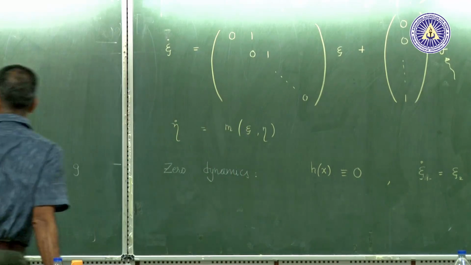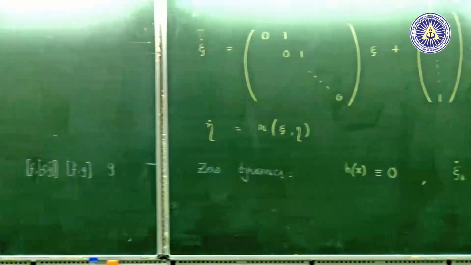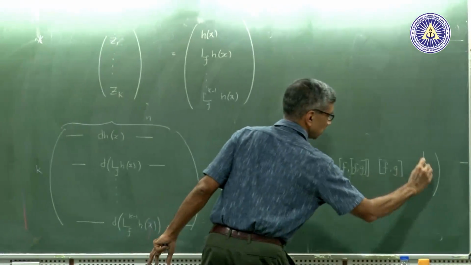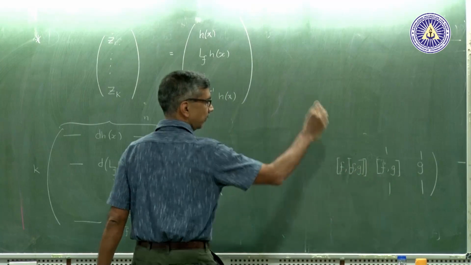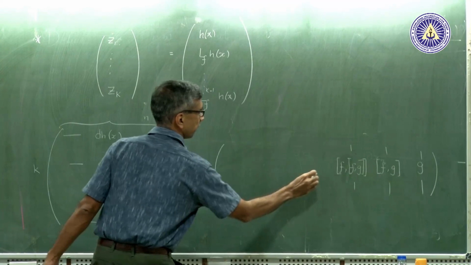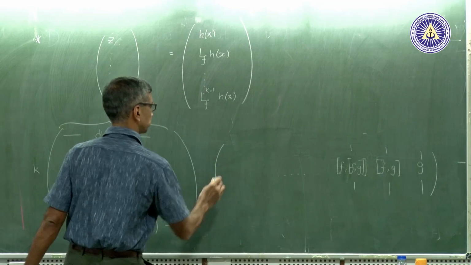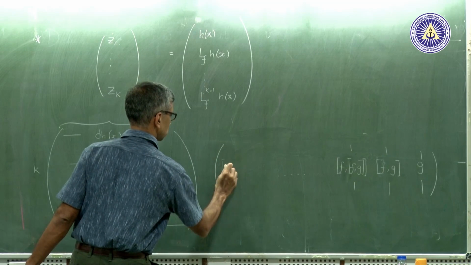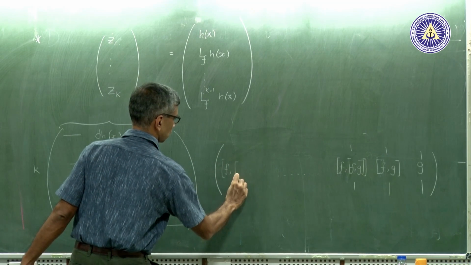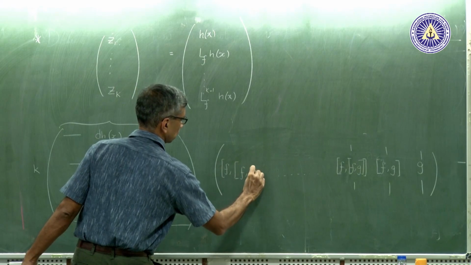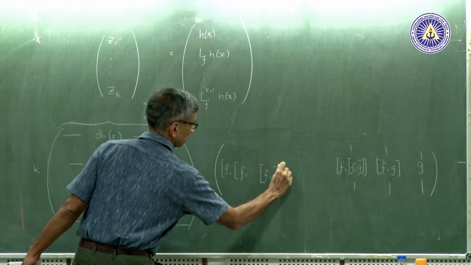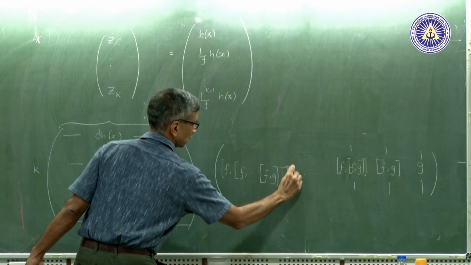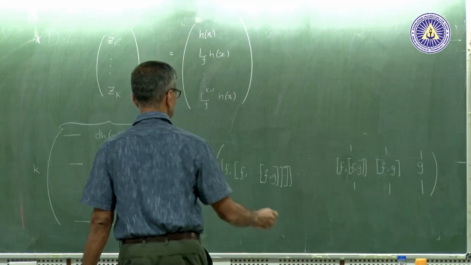So let's first answer the question and then go there. So this is a column, Lie bracket of f and g, all notation is the same.